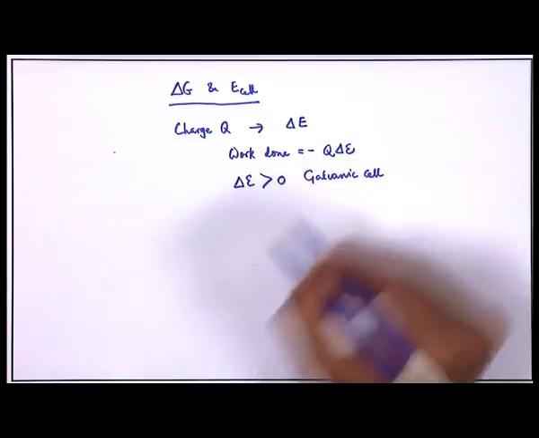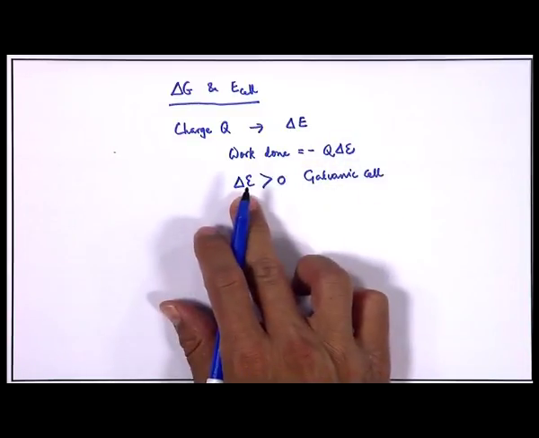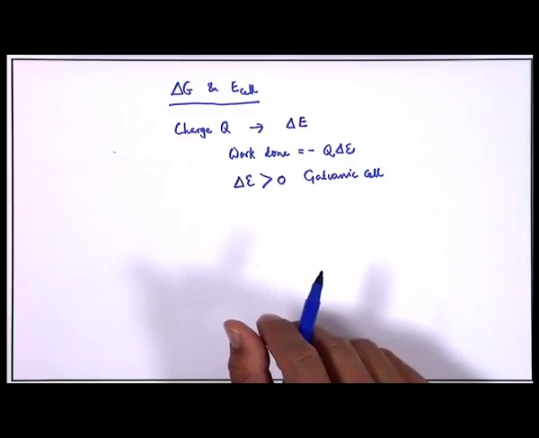That means for a galvanic cell, when delta E is greater than 0, the reaction is spontaneous.